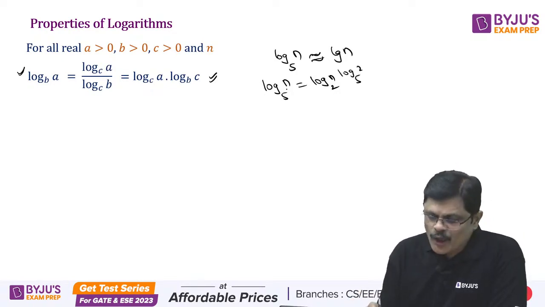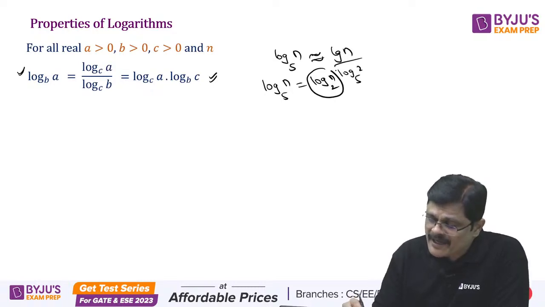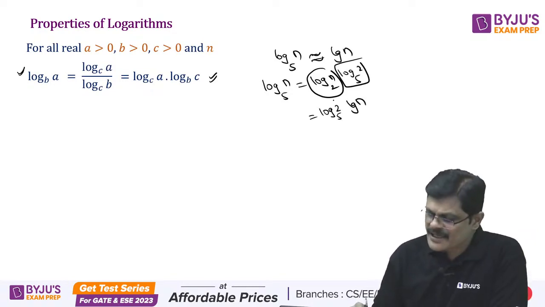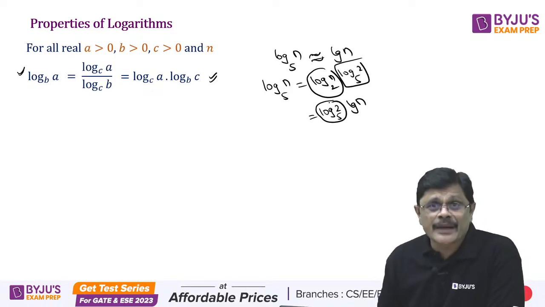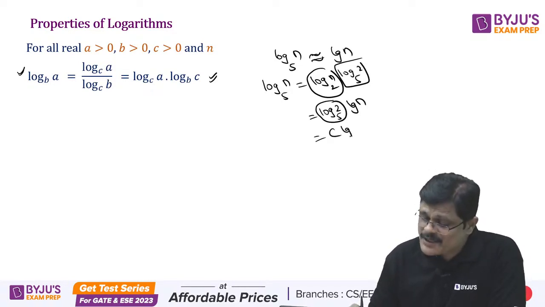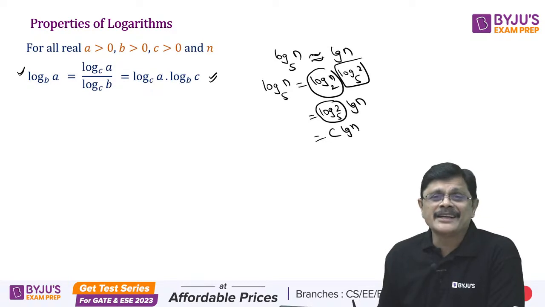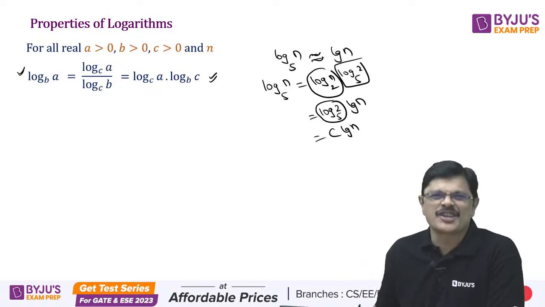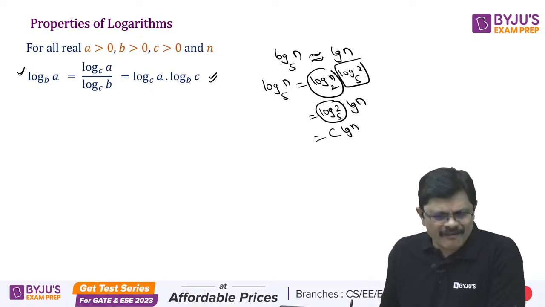Means what? The log n to the base 5 can be written as log n to the base 2 multiplied with log 2 to the base 5. See, log 2 to the base 5 is just a constant. So, log n to the base 5 is actually some constant times log n. And the coefficients can be ignored because they are machine independent or machine dependent constants. So, generally we ignore, my dear friends.